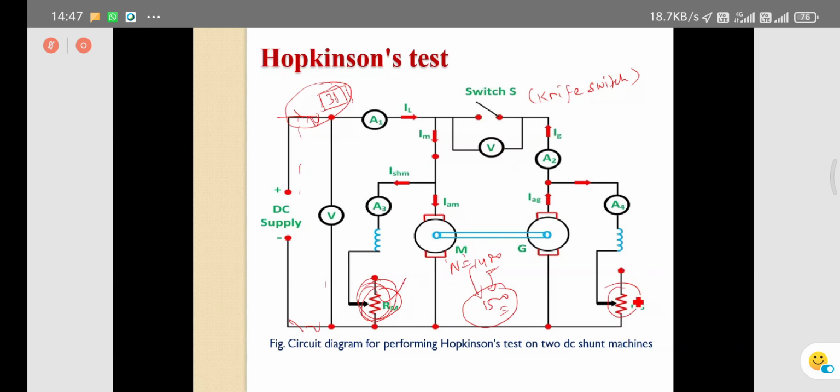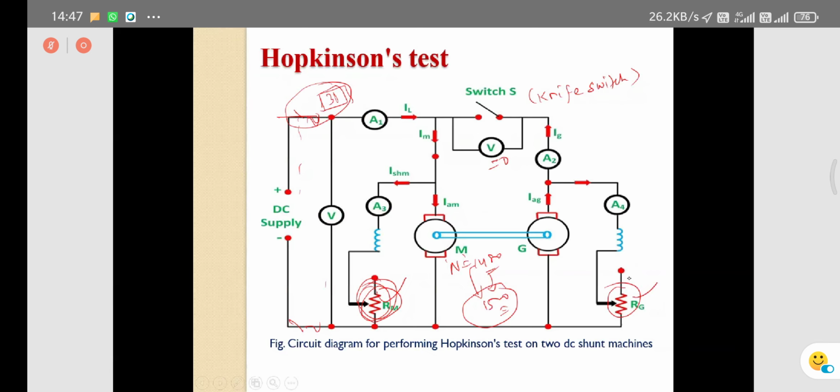For the generator side rheostat, when the voltmeter reads 0, the rheostat position is maximum. By adjusting the generator rheostat from maximum to minimum, the voltmeter indicates from maximum to minimum value. Finally the voltmeter reads 0, and then there is no need to disturb the generator side rheostat.